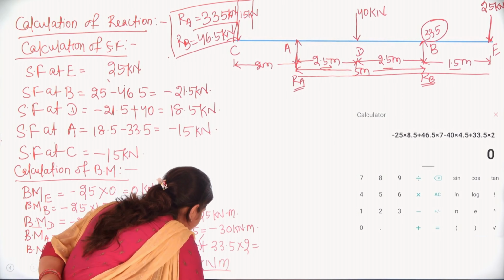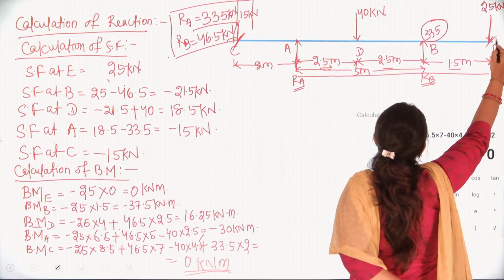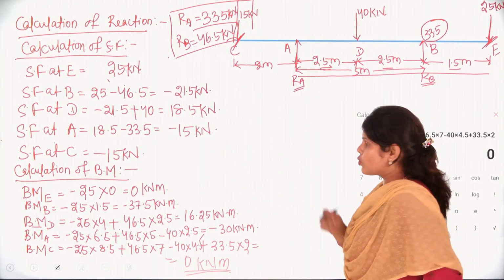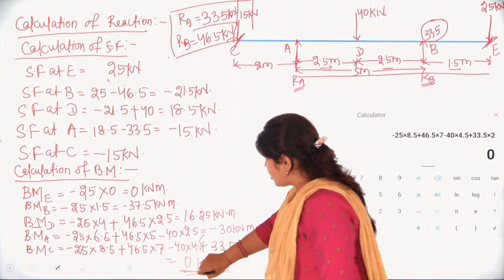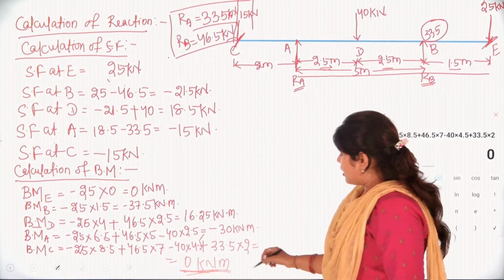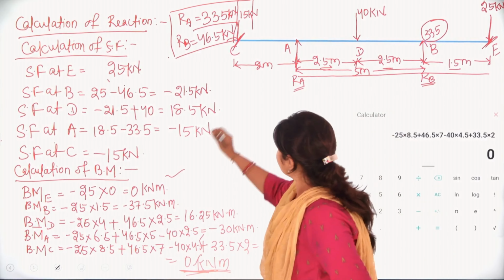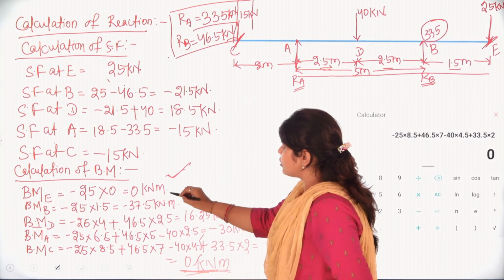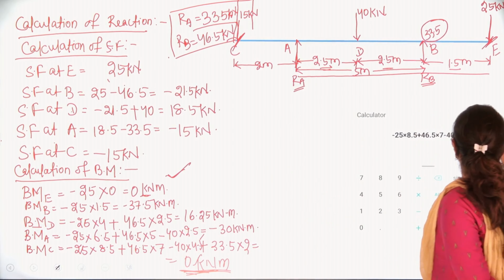So we know that these support points bending moment will be always 0, so I just need to do this because we can correct the whole calculation in case this will be wrong. Okay, if bending moment at these end points will be 0, that does mean we have correct calculations.